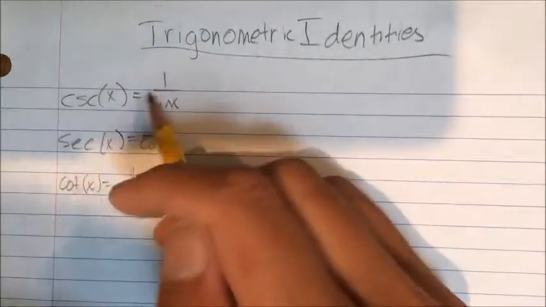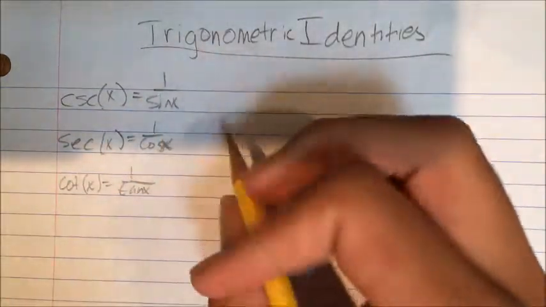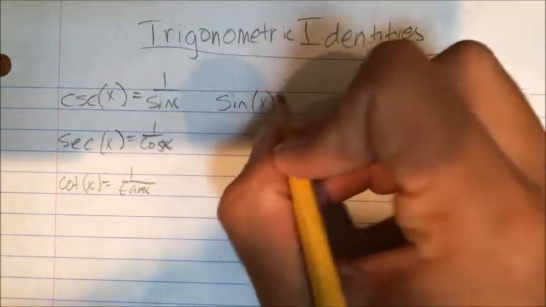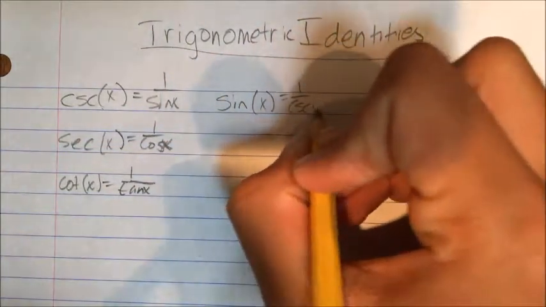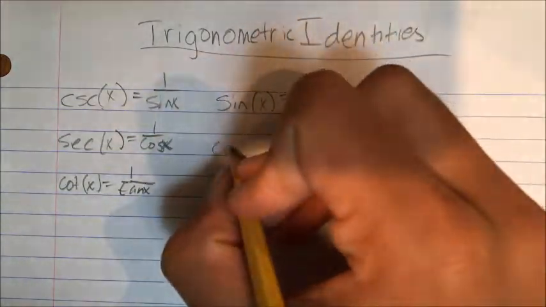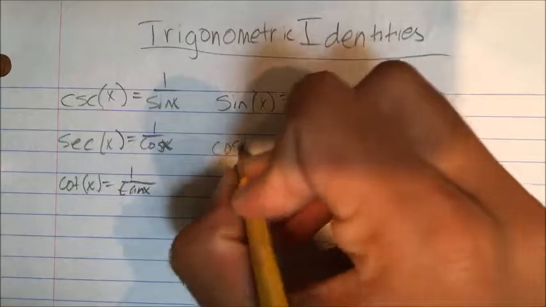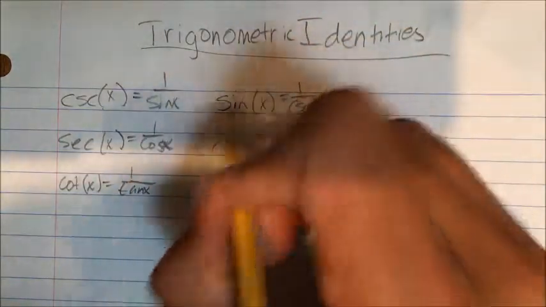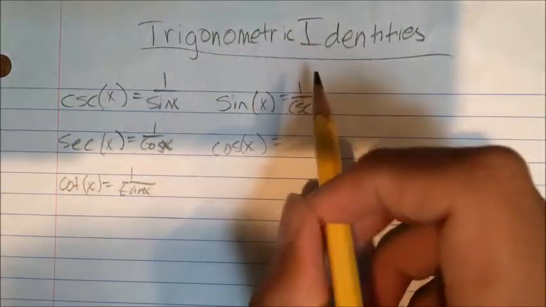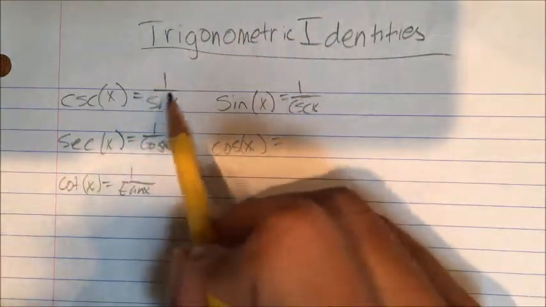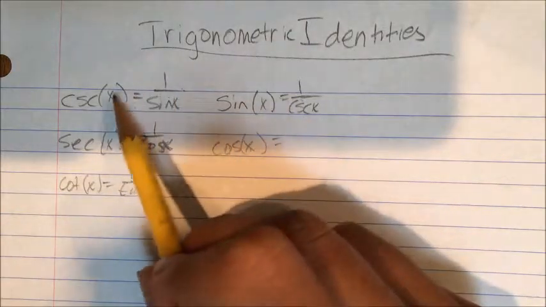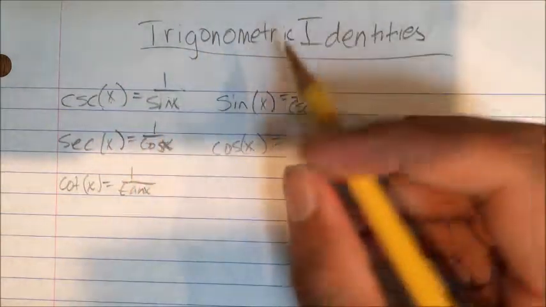And we can see that if these hold true, then there's three other identities that also must be true. These identities, you can basically solve for each other by, if you want to get from this one to this one, you can multiply by sine x and divide by cosecant of x on both sides.